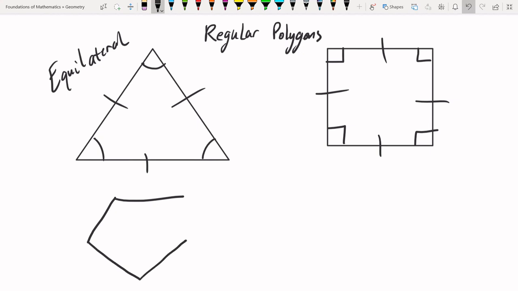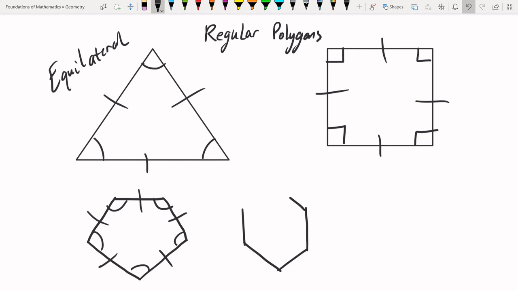I can't draw it very well. I wish I could. These are where all of these angles are going to be the same, and all of these angles are also the same. And then, of course, a hexagon, a regular hexagon, is a 6-sided shape. All the same, all the same.